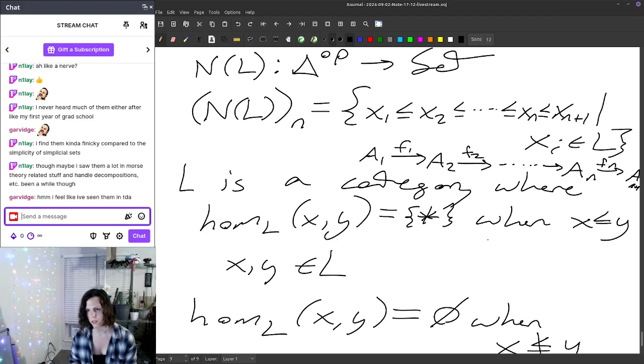Oh, you have seen CW complexes in topological data analysis, and also in Morse theory stuff. Yeah, I'm not really sure, because I'm not an expert on either of these things, Morse theory or topological data analysis.